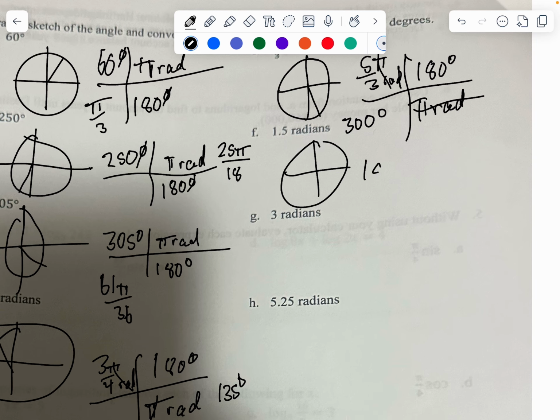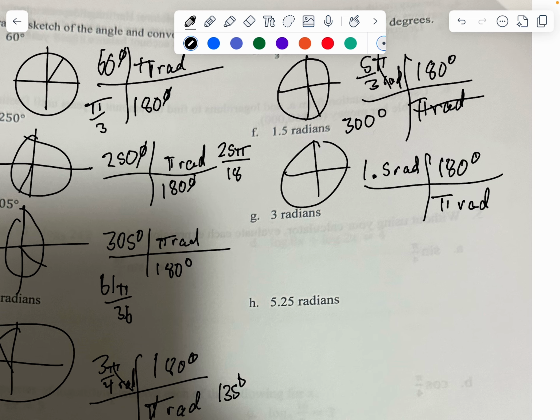1.5 radians, so we'll do 1.5 radians over pi radians times 180 degrees.